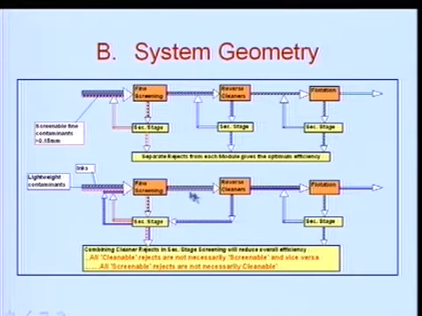However, if you take the same system again and you decide to save on money and have a second stage of the screens act as if it can remove all the contamination that was removed by the reverse cleaners, and we mix them up here. For example, we can have 0.2 millimeter slots here, and we can go to 0.1 millimeter slots here and say, yeah, we can remove everything but the cleaner rejects, but that is not possible. Cleaners are removing lightweights, and if these lightweights had to be removed, the screen would have removed them.